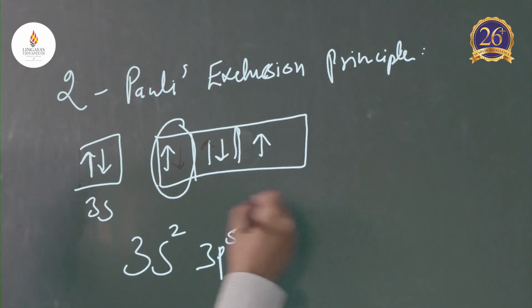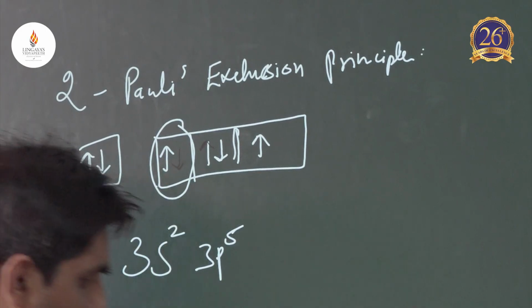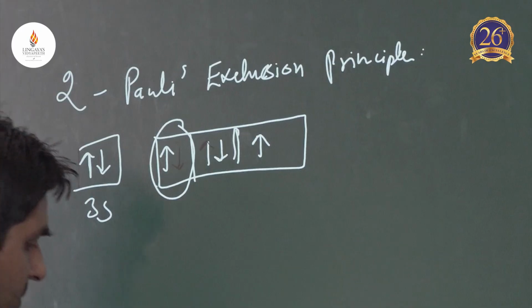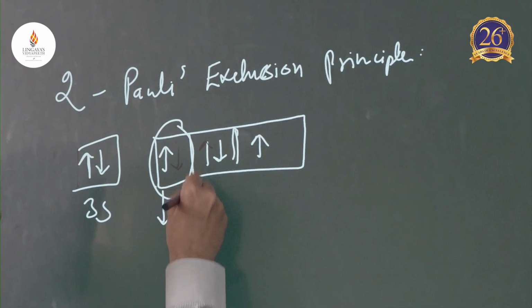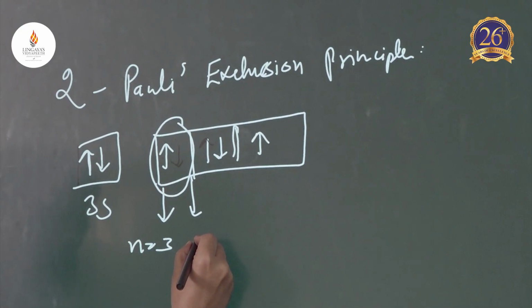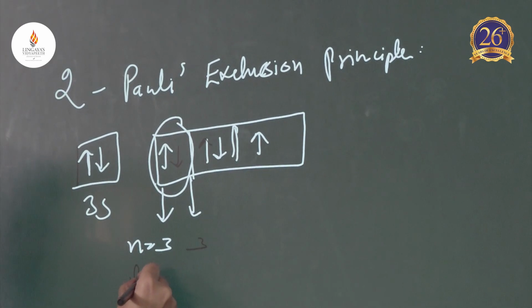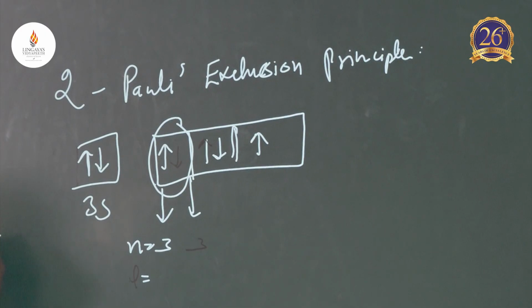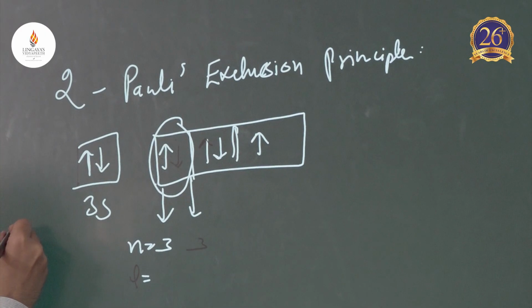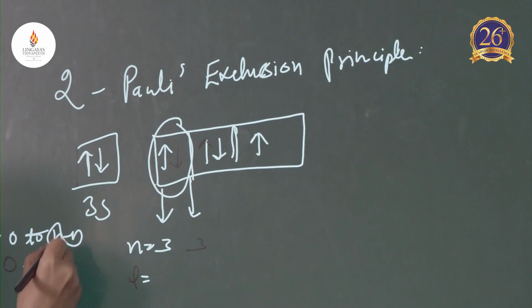This is 3p. For both electrons, n equals 3. For n equal to 3, l is calculated as 0 to n minus 1, which means 0 to 2, that is 0, 1, 2.